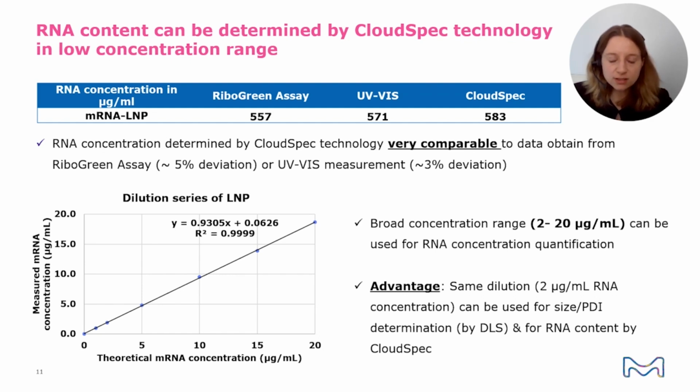This was also very interesting for us because, as I mentioned, the other very important critical quality attribute is the size determination. For size determination using dynamic light scattering, we also dilute the LNP to roughly 2 microgram per milliliter RNA. So that showed us that we can use the same dilution for the measurement in our DLS instrument and for the CloudSpec instrument.